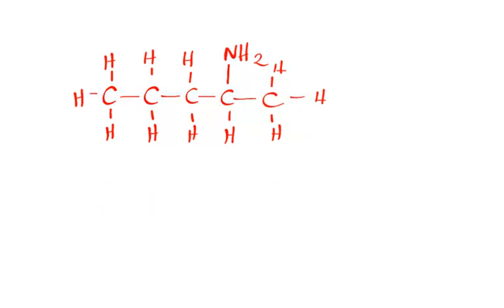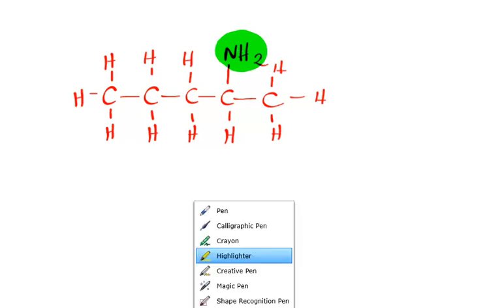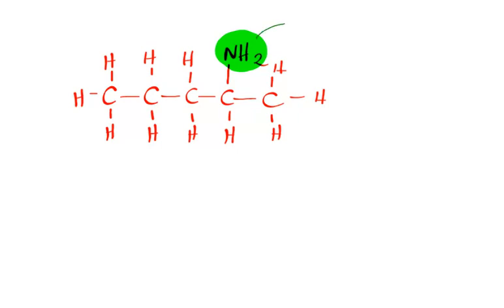There's another way to name this compound, and many would see it as an easier way to name the compound, and this is to refer to the amine group, the NH2, like you would a halogen, so we would call this amino.